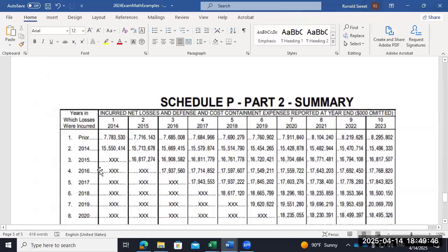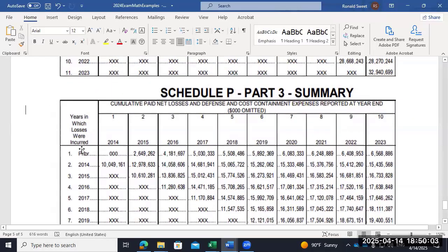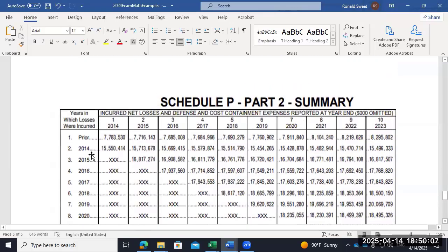I keep asking, I should have asked Kirby this question. I keep asking my actuary majors to come back in a few years and explain this to me, because I don't understand the first line. Never understood the first line. Doesn't make sense to me. It says prior, you notice there it's 0. You assume that's everything prior to 2013.